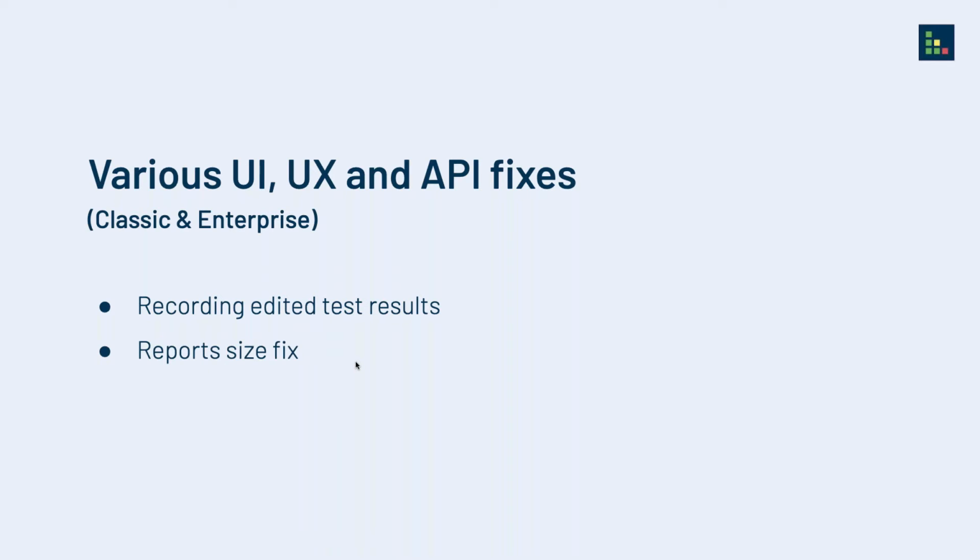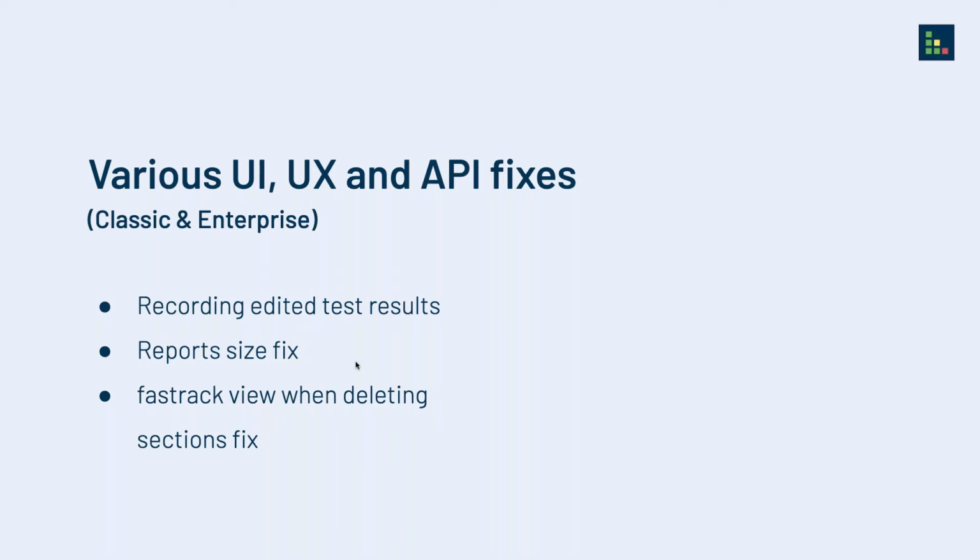We were aware that as of TestRail 6.0, as a result of the UI changes and the new style sheets we'd applied to TestRail, generated reports had grown quite substantially in size, which was a little bit of a problem. So we've fixed that as well. So those reports are now much smaller.